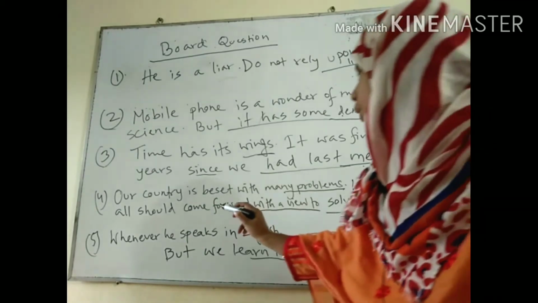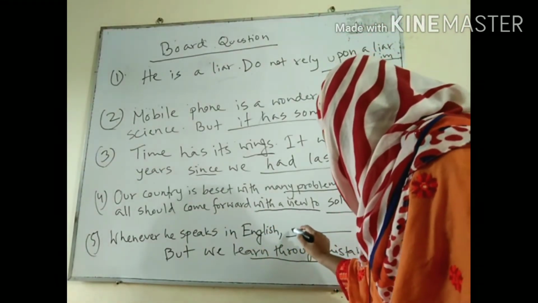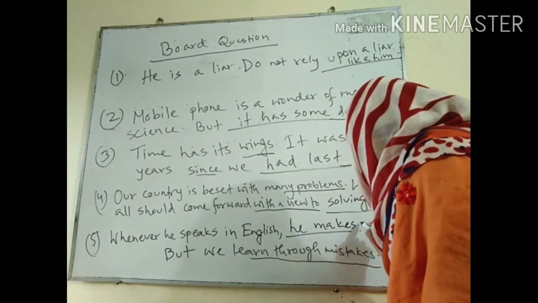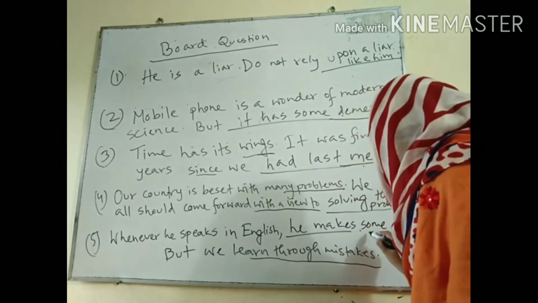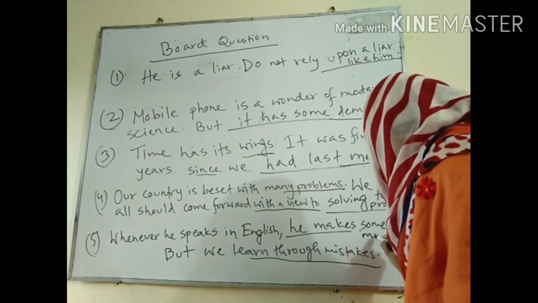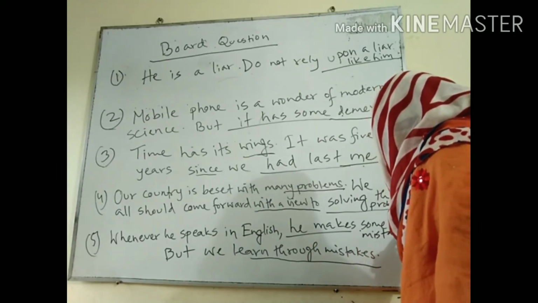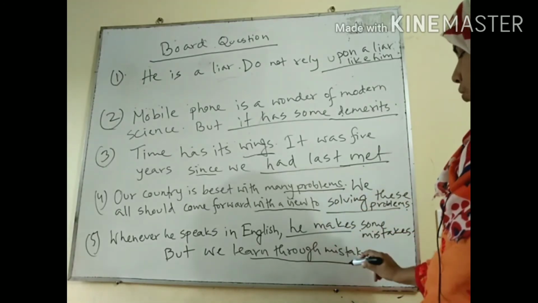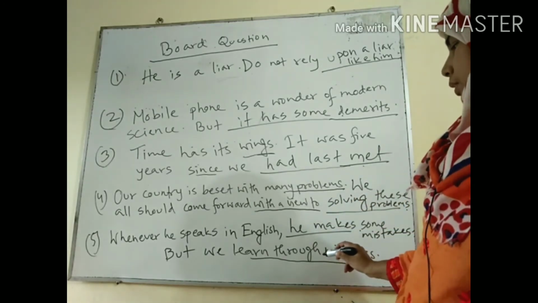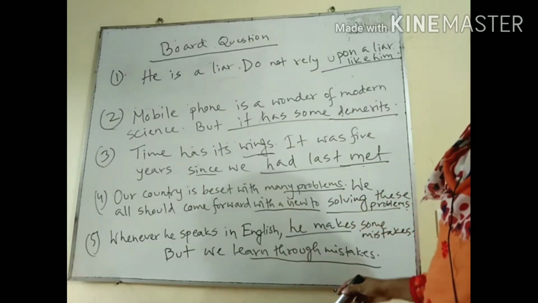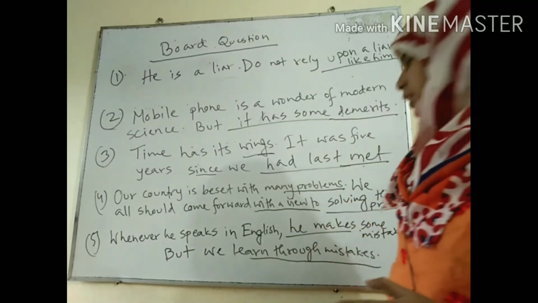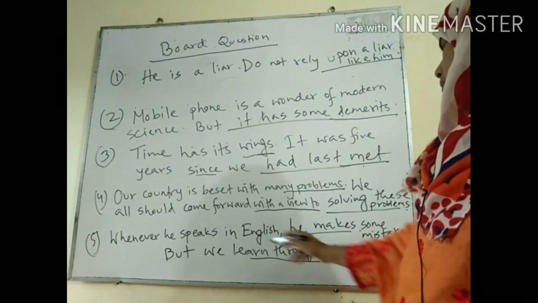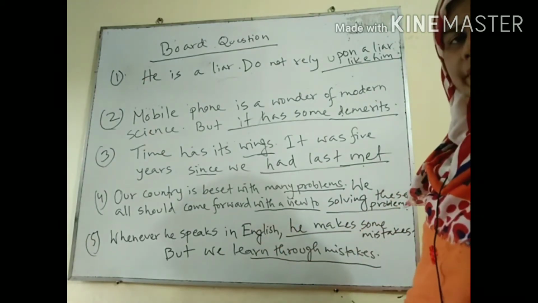That means whenever he speaks in English, he makes some mistakes. So every sentence is related to the given sentences. You have to connect the idea. Whenever he speaks in English, he makes some mistakes, but we learn through mistakes.